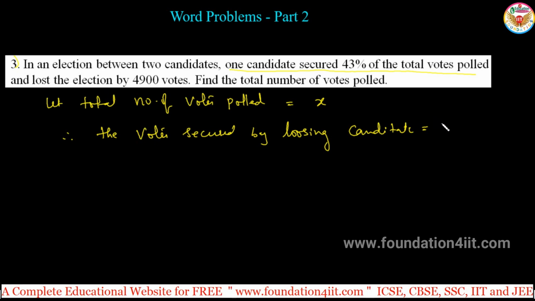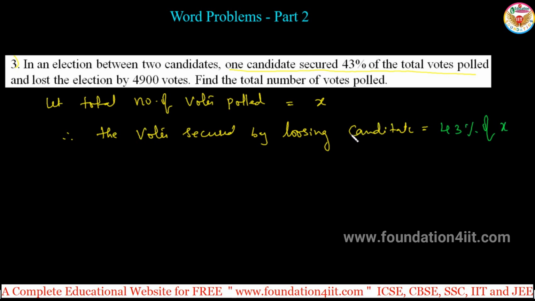So he got only 43% of X. And the votes secured by the winning candidate: he got 43%, so the other person is 100 minus 43.